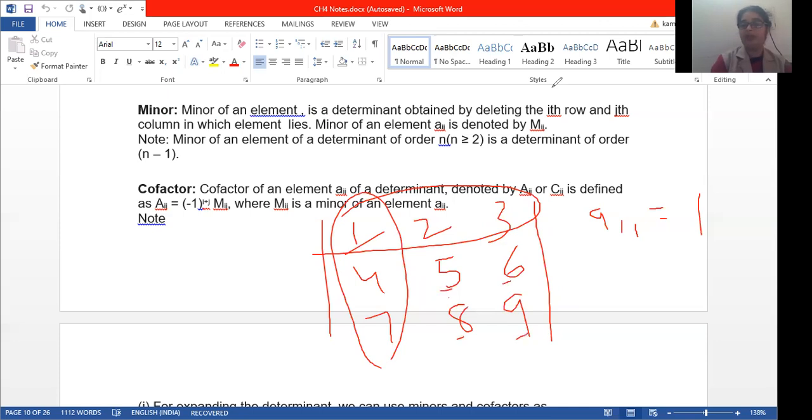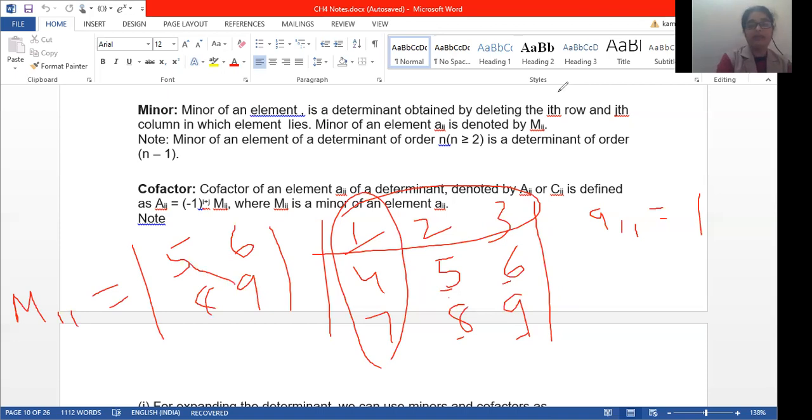So M11 will be equal to the determinant 5, 6, 8, 9. You all know how to calculate a 2 by 2 determinant. It will be 5 nines are 45 minus 6 eights are 48, that is equal to minus 3. Clear? So your M11 will be equal to minus 3.